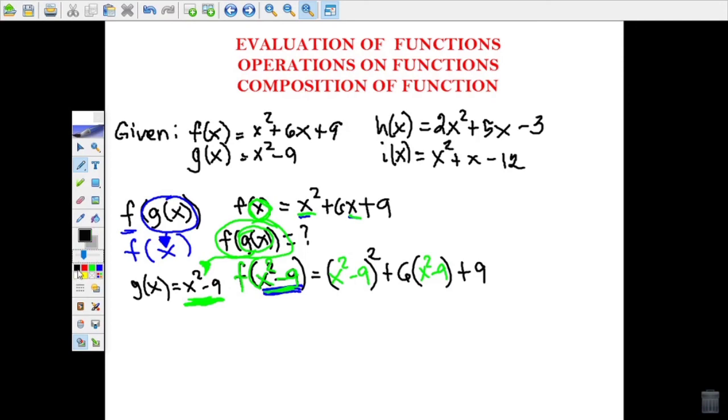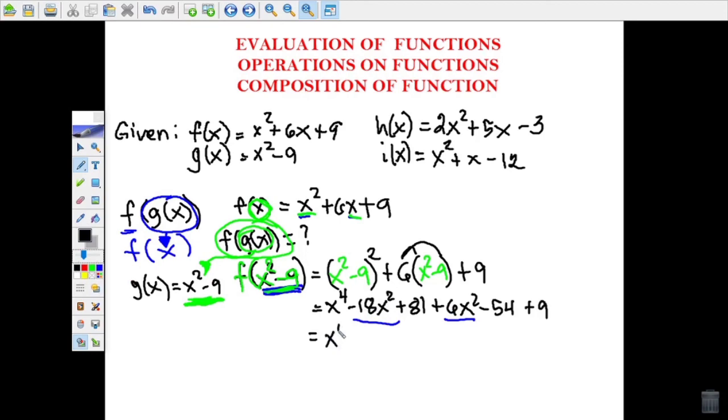Then, distribute natin. Pag ito, sinimplify mo, that would become x raised to 4 minus 18x squared plus 81. Then ito, pag dinistribute mo, that will become 6x squared, tapos ito, 6 times negative 9 is negative 54 plus 9. Then, combine like terms lang. Ano yung pwede natin i-combine? Ayun, yung may x squared. So, negative 18 plus 6 is what? Negative 12.